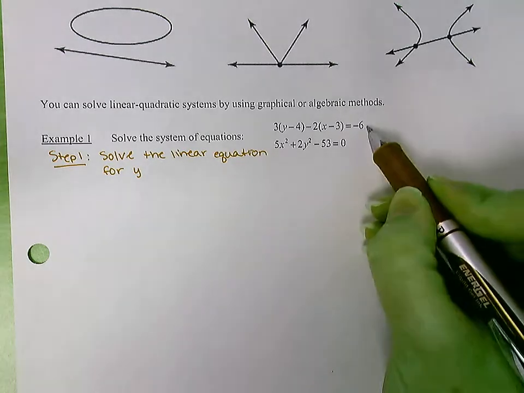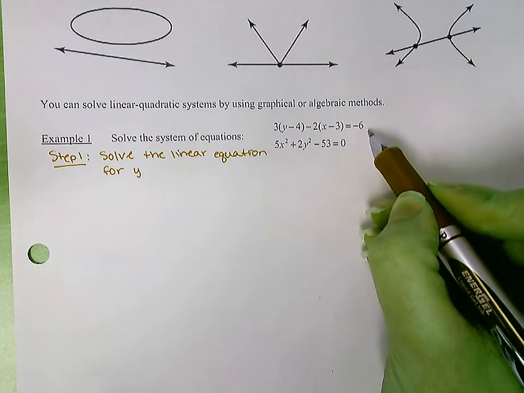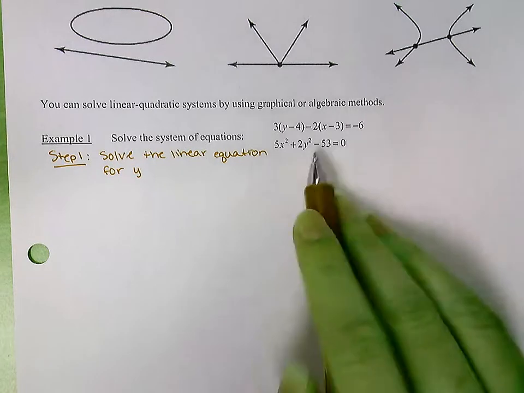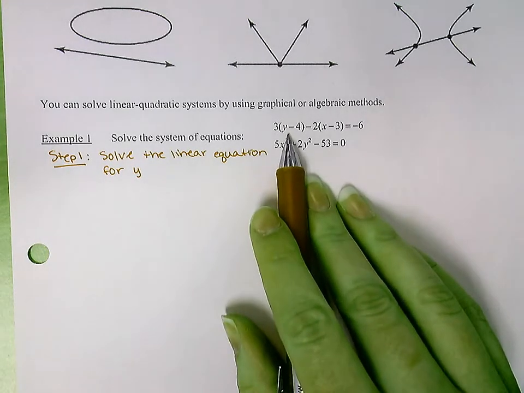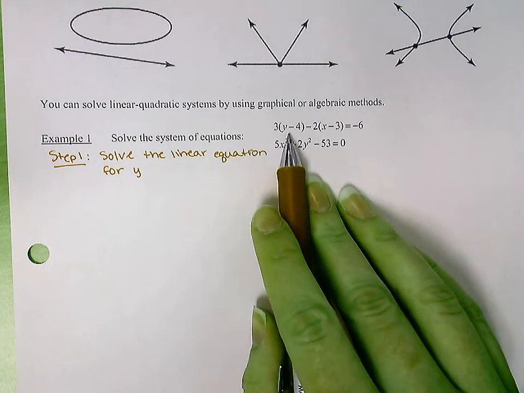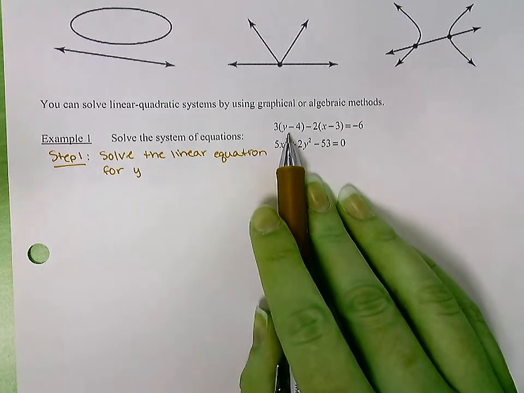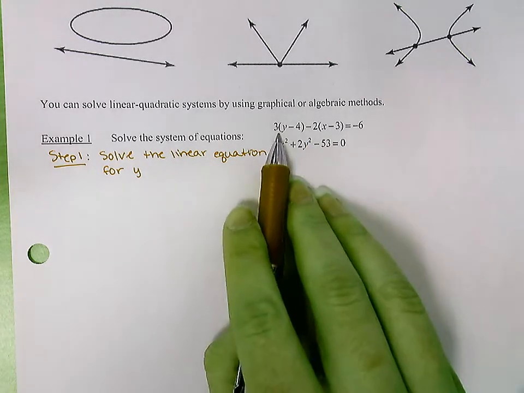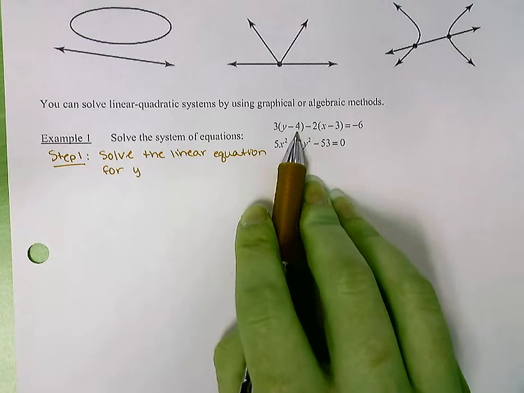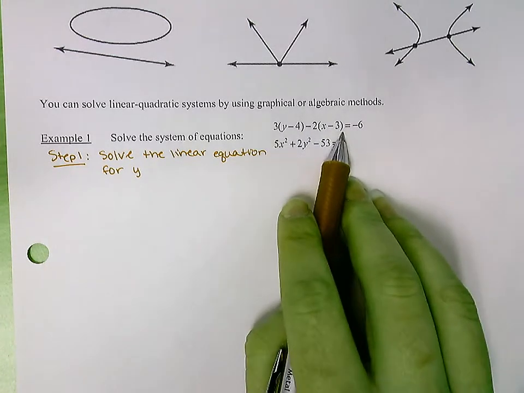That's this one right here, again, because there's no exponents. In order to solve for y, we want this to say y equals something. So I'm going to distribute this 3 to both of these terms and this 2 to both of these terms.